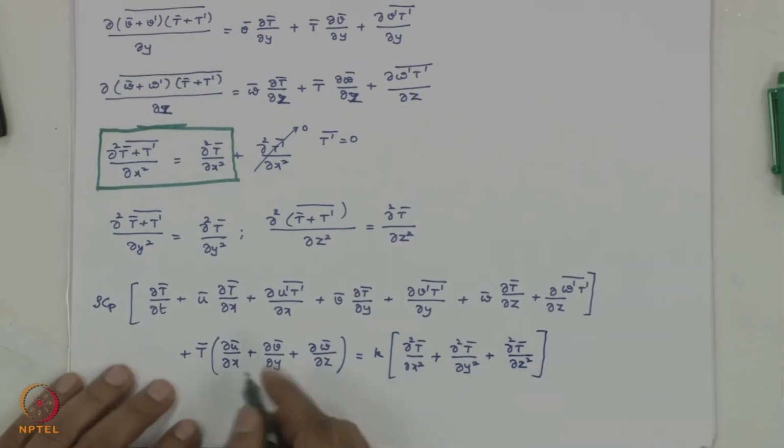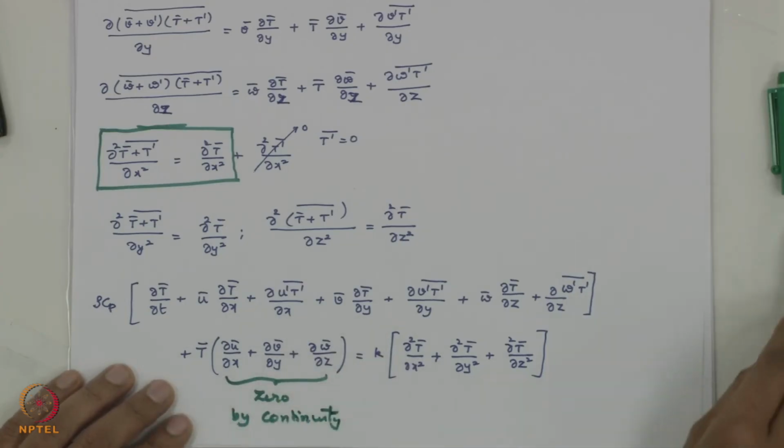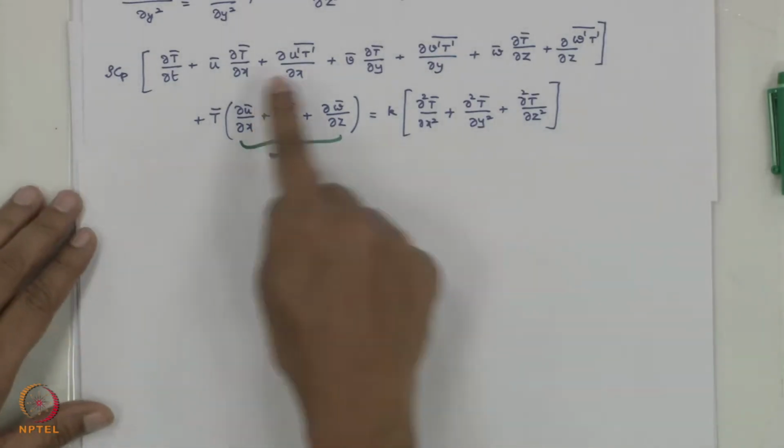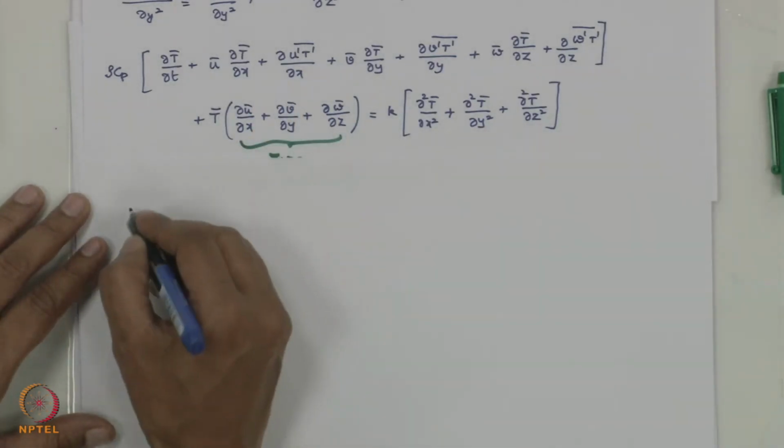So you can notice that this is nothing but my continuity equation. So this is 0 by continuity. So my energy equation reduces to, I will push all these turbulence parameters to the right hand side like I did in the momentum equation.